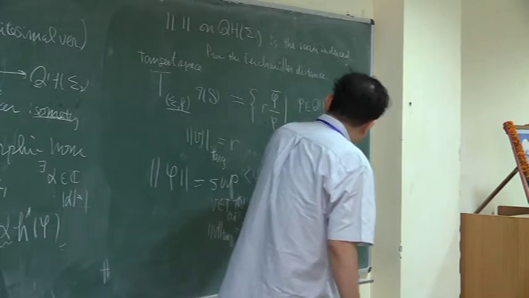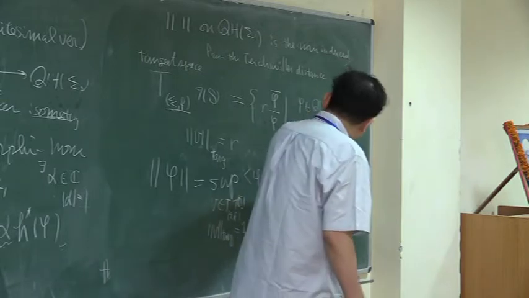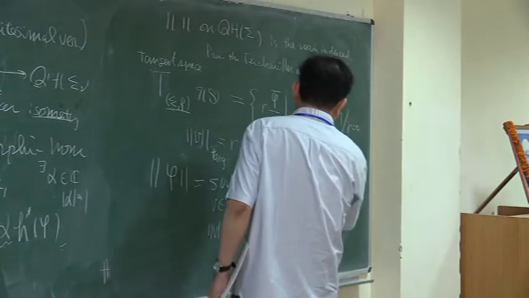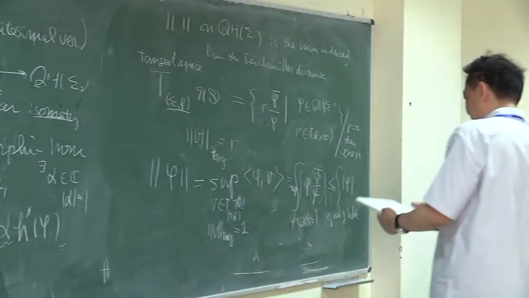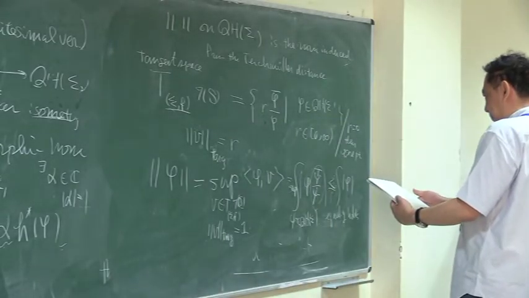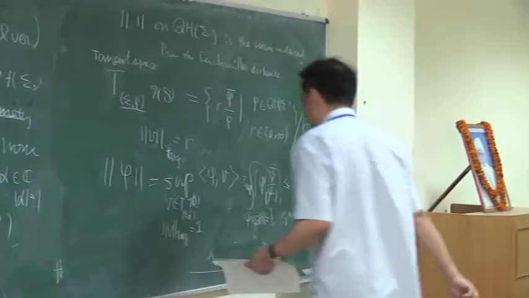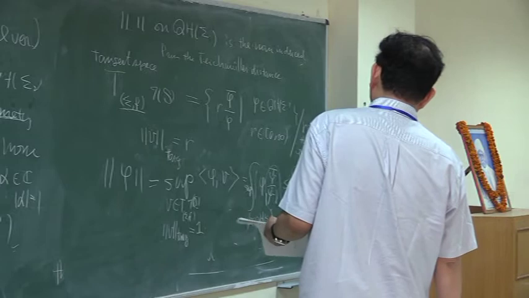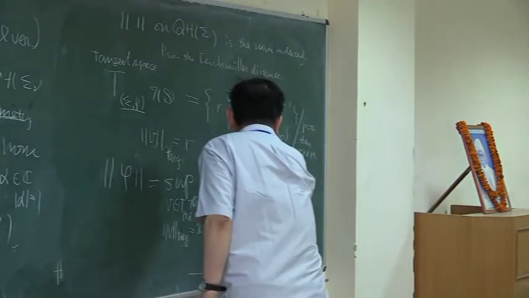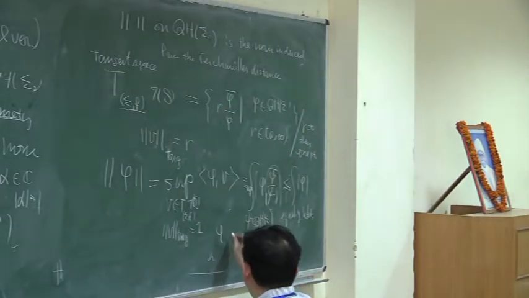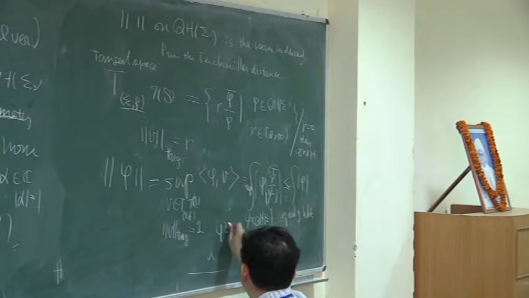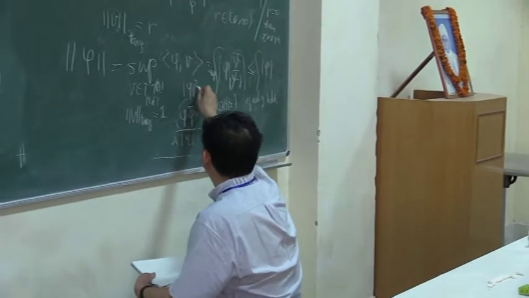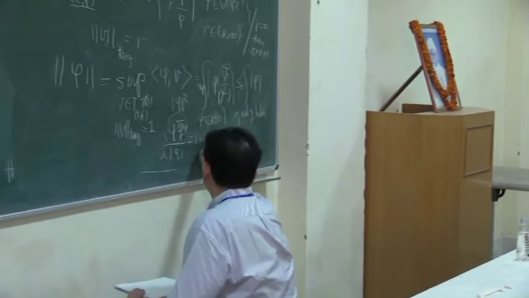If we let psi be phi, then what you have is something like this. Because this is the square of the absolute value, it's just psi.